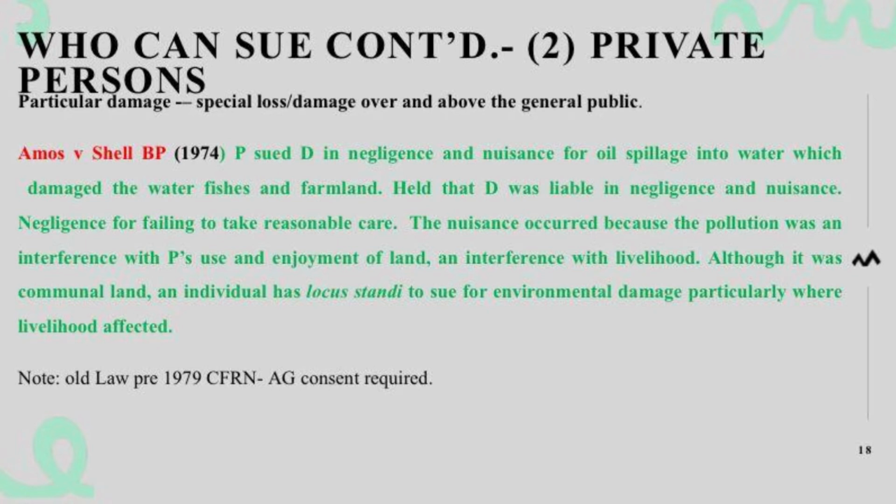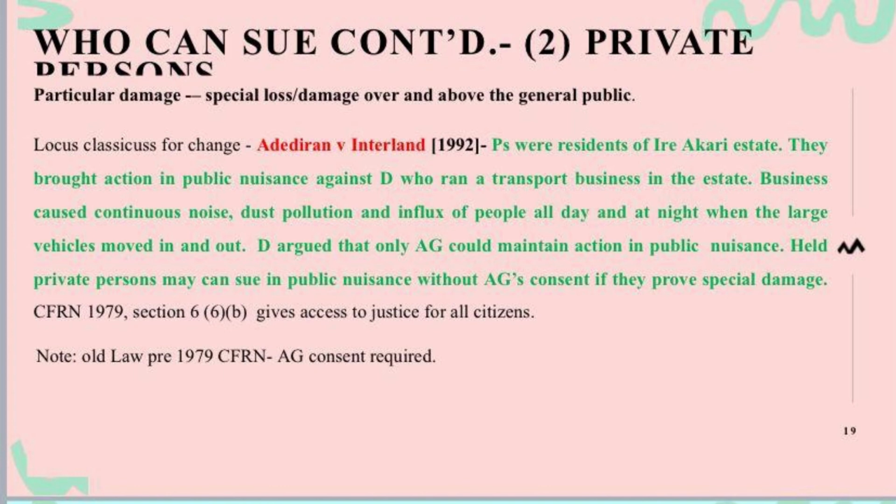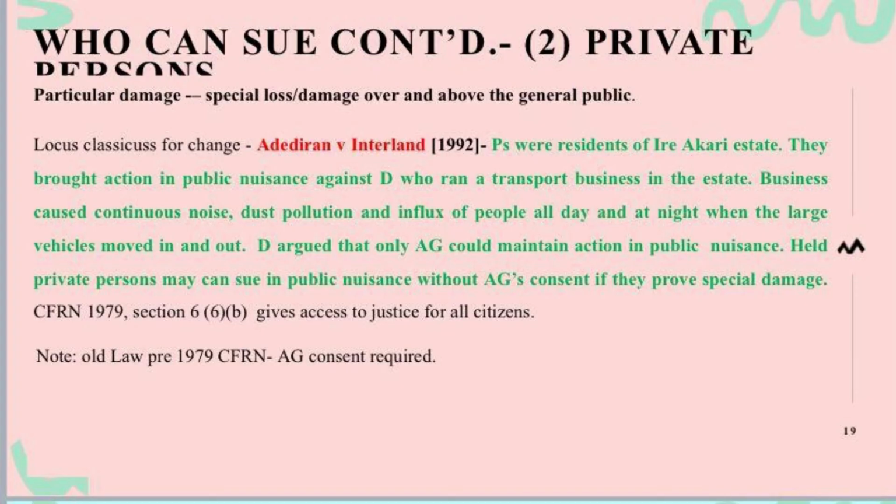You might see in this case, the case of Amos and Shell BP, and the case of Adediran and Interland. If you are a student of nuisance in Nigeria, you must know these cases that I've mentioned. Adediran and Interland in particular: hitherto under Nigerian law, it had always been said that a private person cannot bring an action without obtaining the consent of the Attorney General.